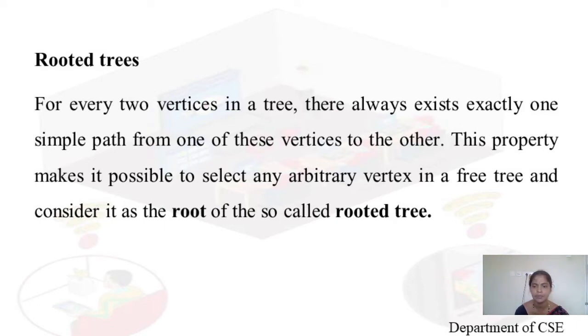That property makes it possible to choose any arbitrary vertex in a free tree as a root, and it will be called a rooted tree. If you choose arbitrarily any single vertex as a root, then that tree will be termed a rooted tree.